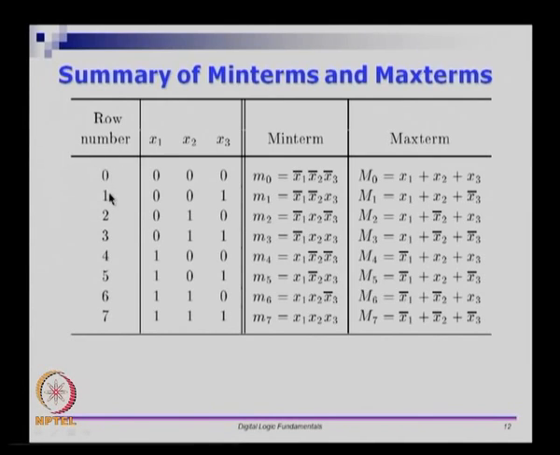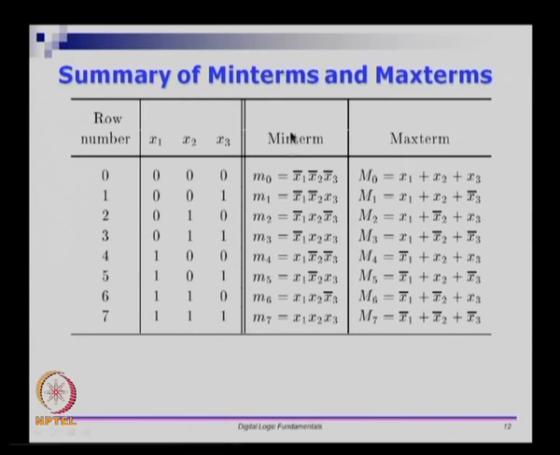So this is row number 0, this is row number 1 and so on. The row number is the integer representation of x1, x2, x3 in binary form. If I take this binary number as 0, 0, 0, its integer form is 0. If I take 1, 0, 0, it's 1 into 2 squared plus 0 into 2 power 1 plus 0 into 2 power 0, that is 4, and so on.